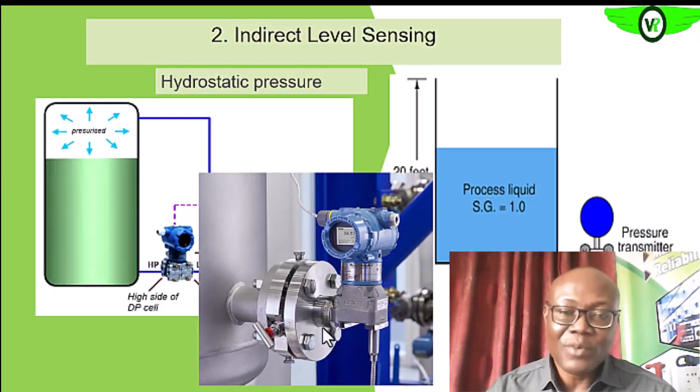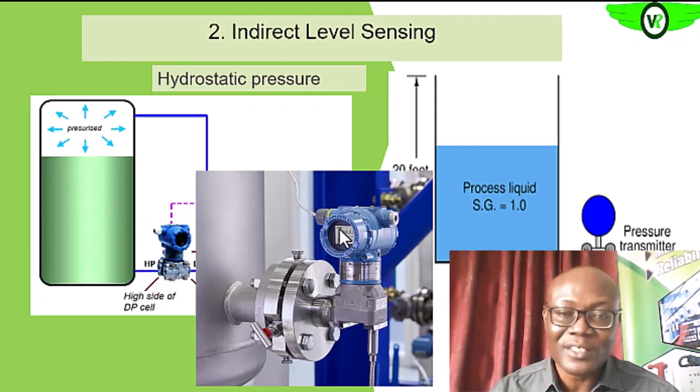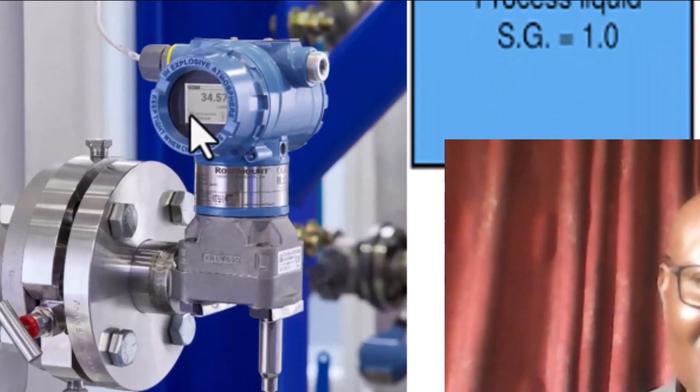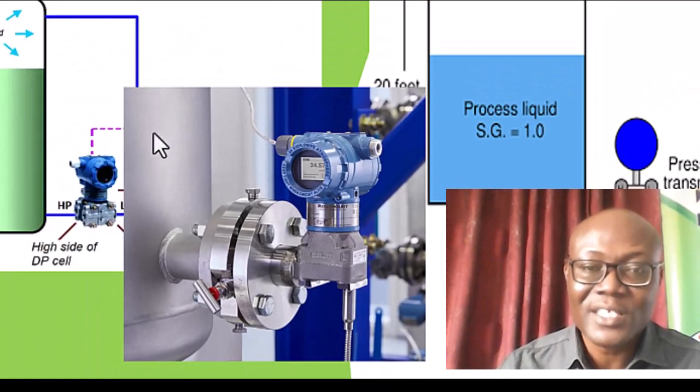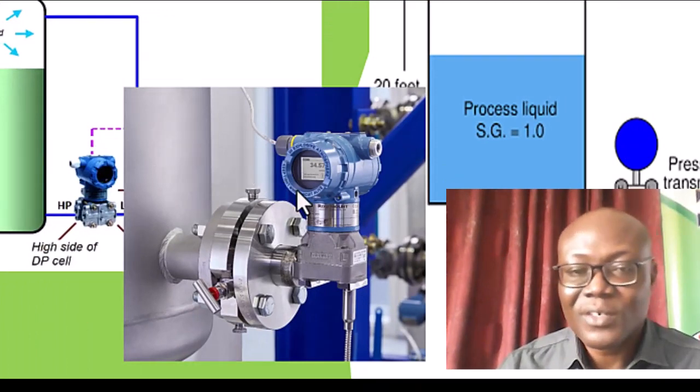So this is an example of the installation of a level gauge using a differential pressure transmitter. Are we getting it? Whatever is sent off, wherever it will be read off on the indicator here, has been calibrated to give us a direct level reading of the fluid in the vessel.